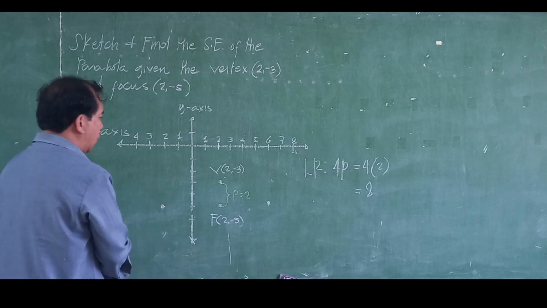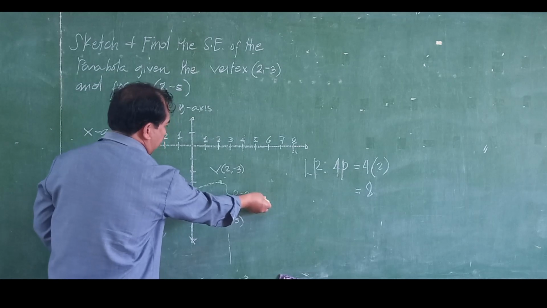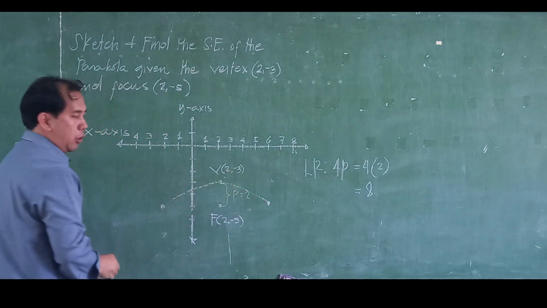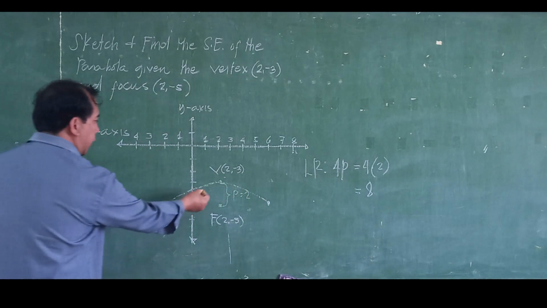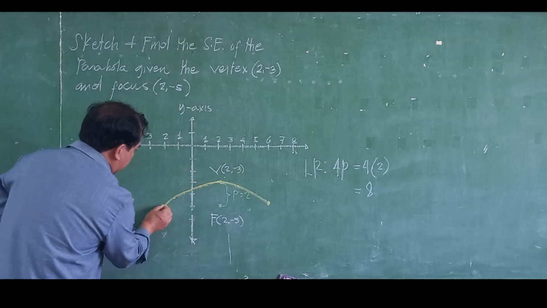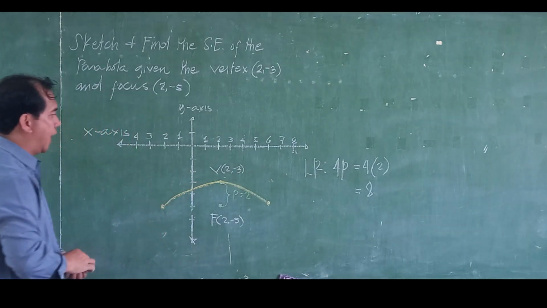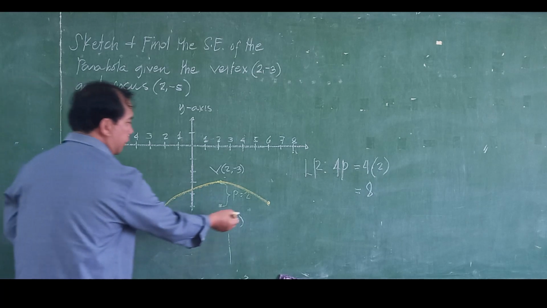Meaning to say, we are now ready to connect. This is already the parabola that we are talking about. If these are the endpoints of the latus rectum, we might as well connect the latus rectum.